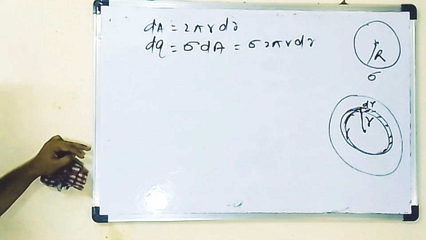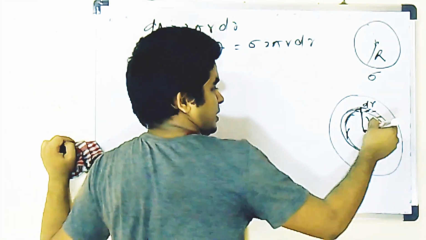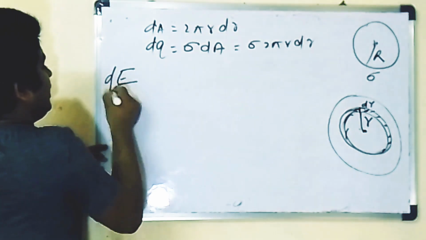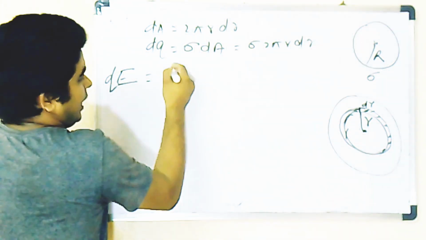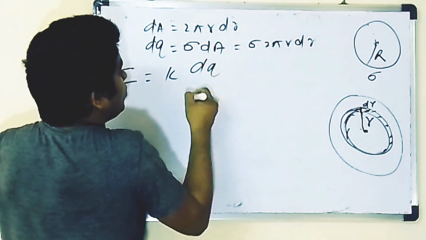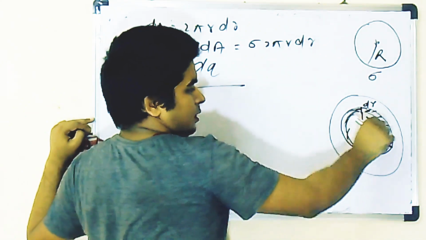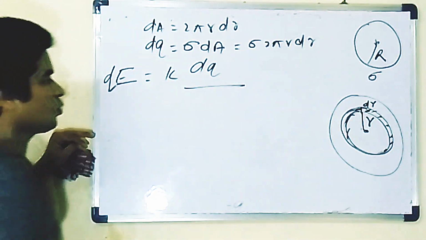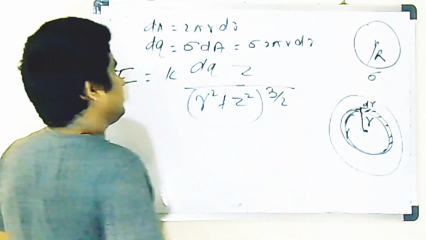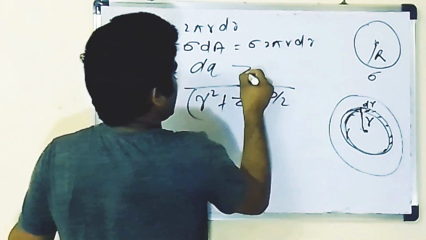If I ask you the value of electric field at a distance z from the origin in this direction, you can say dE in the z direction is k dq divided by r square plus z square power 3 by 2, times z.